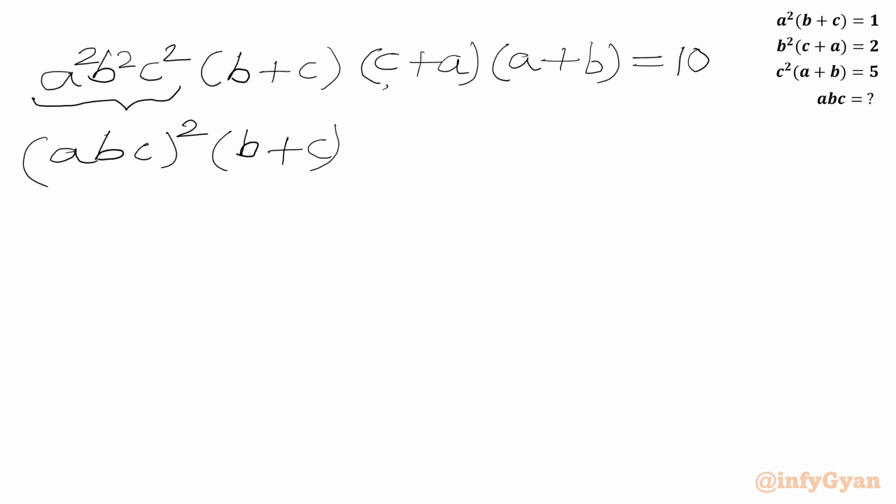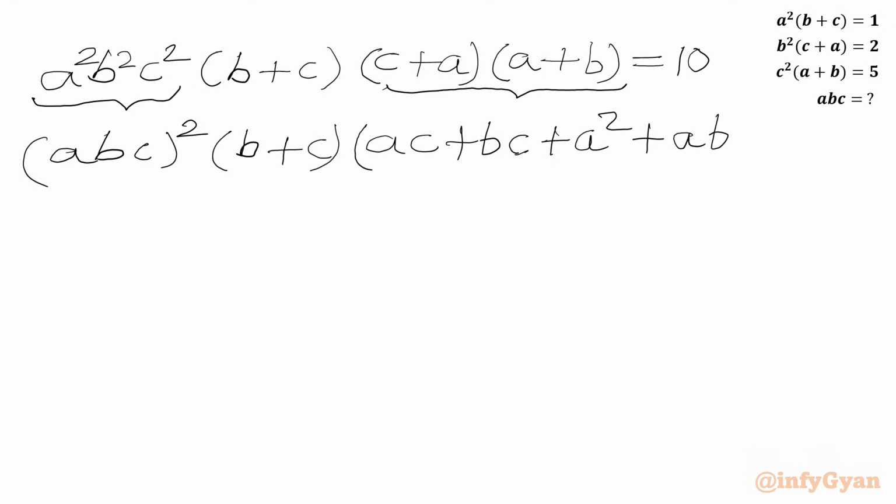Now we are going to multiply these two brackets first. So c times a, ac or ca, c times b, bc, a times a, a square, a times b, ab, equal to 10.